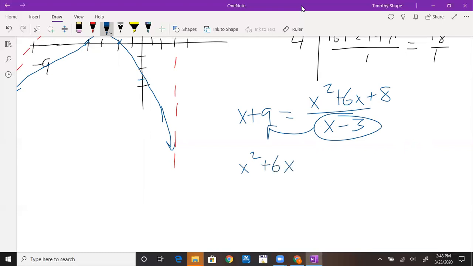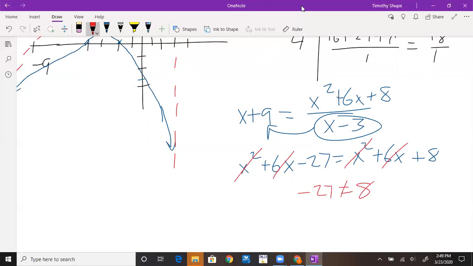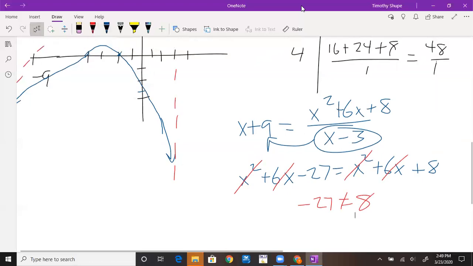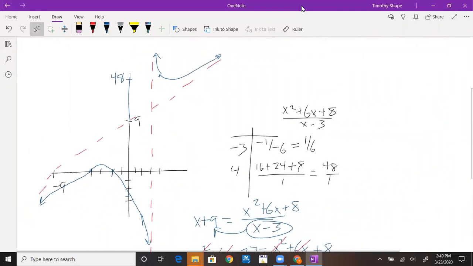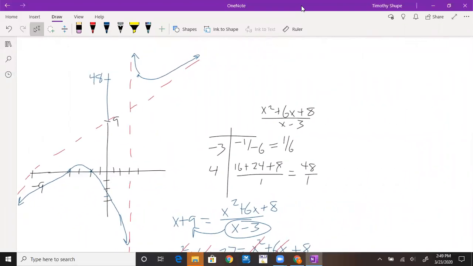And then 9 times -3 would be a -27. Set that equal to the numerator of x squared plus 6x plus 8. And notice now that x squared is going to subtract off, 6x is going to subtract off, and -27 is not equal to a positive 8, so it does not cross the horizontal or the oblique asymptote here. So then our graph is going to look something like that right there.